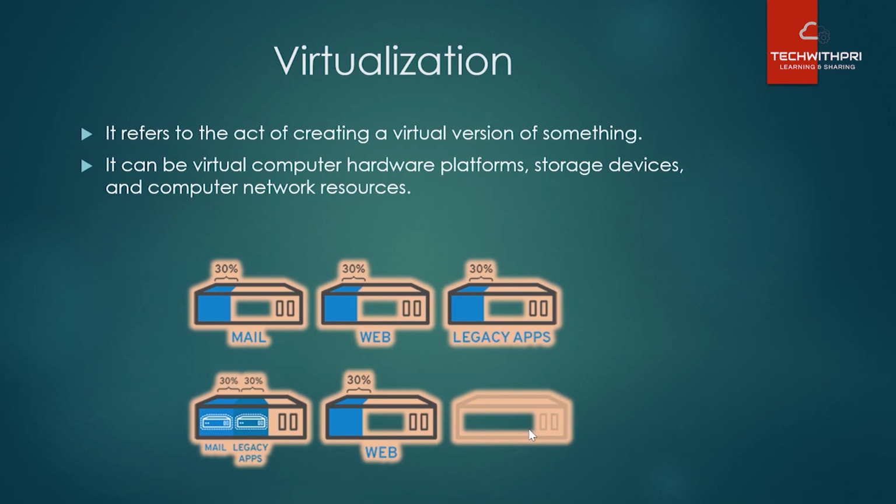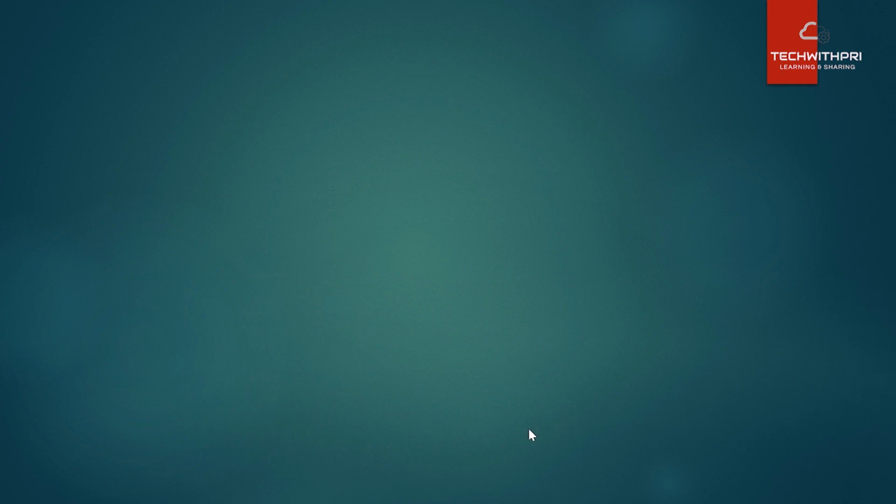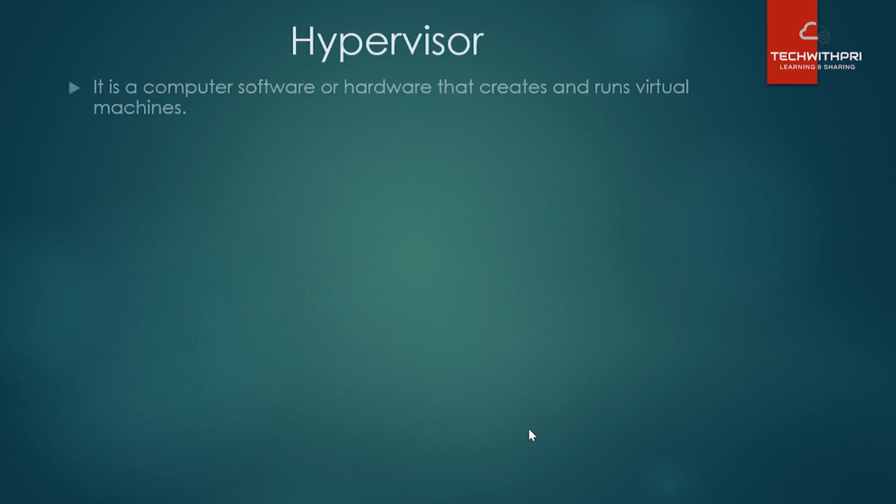Now let's understand what is the software behind this. The software is the hypervisor. It is computer software or hardware that creates and runs virtual machines. We're going to see virtual machines in detail. This software can be applied at the hardware level or at the operating system level.